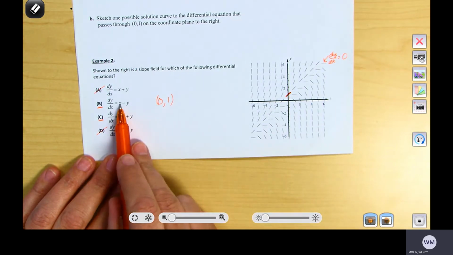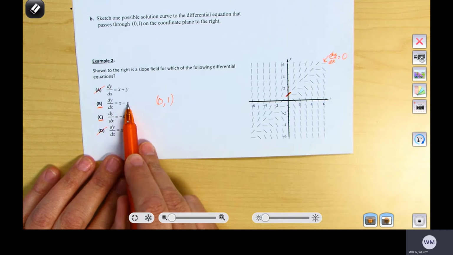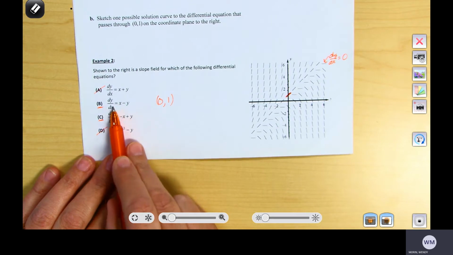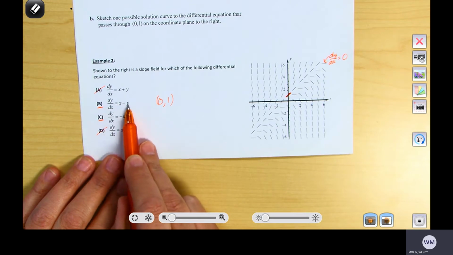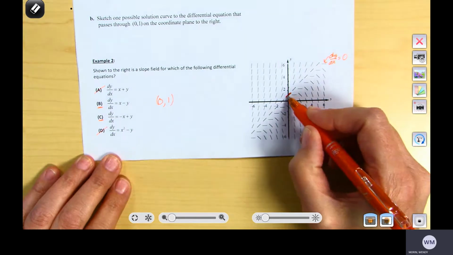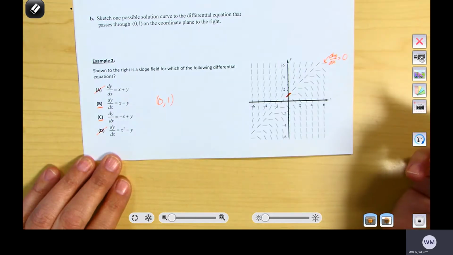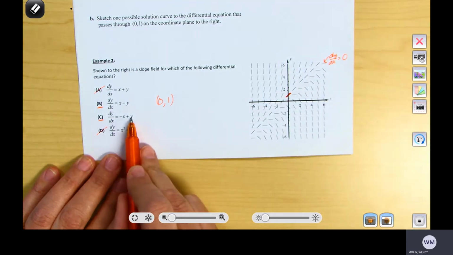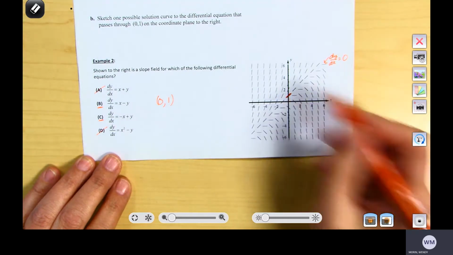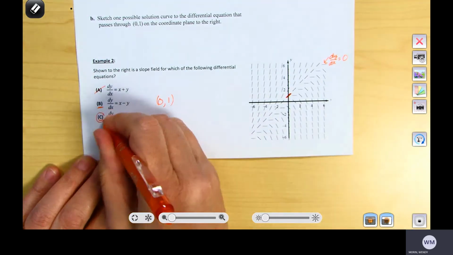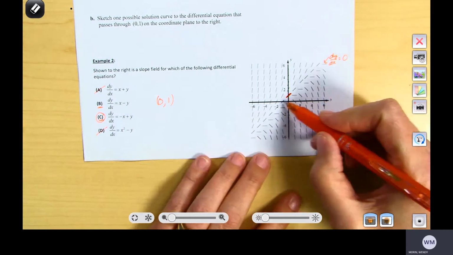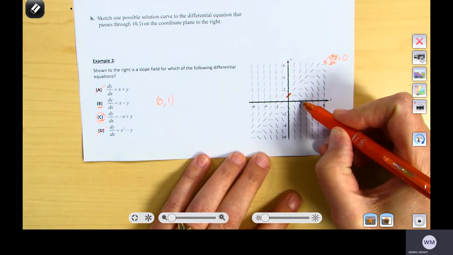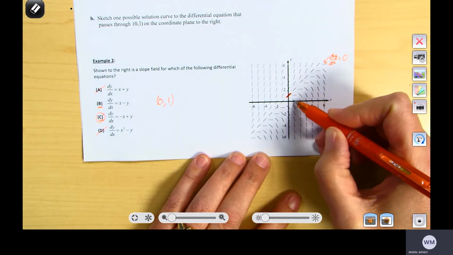If I plug in 0, 1, I get a first derivative slope of -1. Does this look like a slope of -1? Nope. How about if I plug in 0, 1 here? I get a slope of 1. Does this look like a slope of 1? Yes. And you can pick another point if you want to. I don't know, this one right here looks like 1, 2.